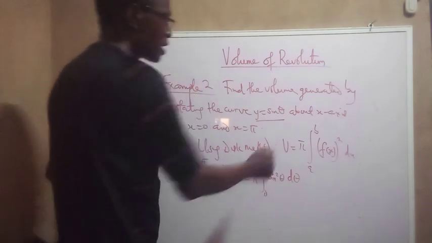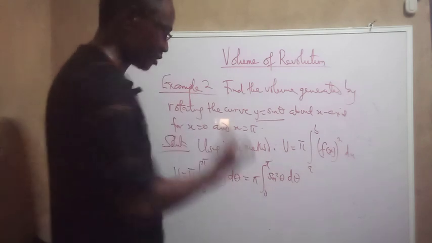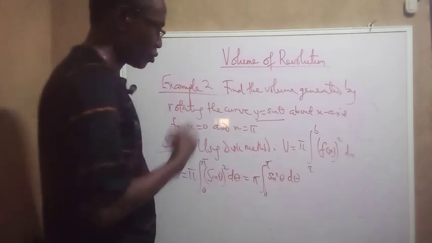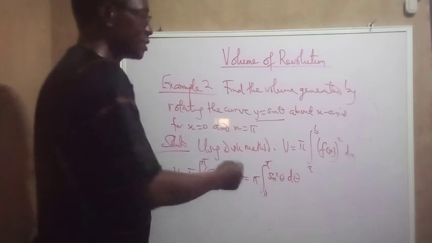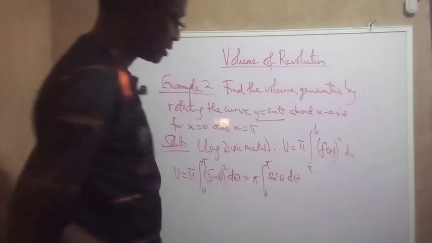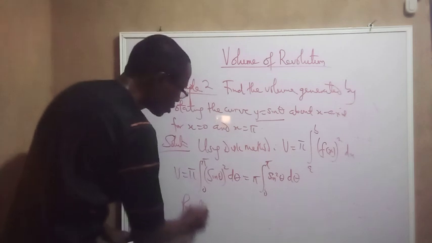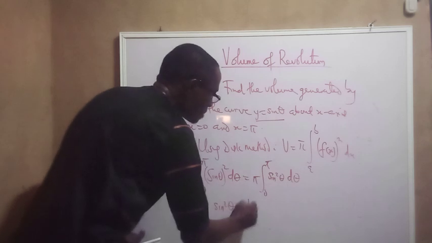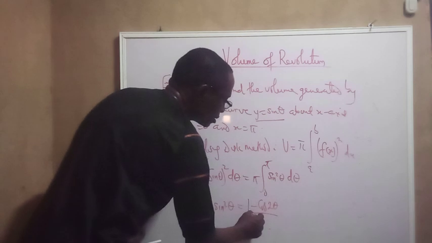Invariably, we can change sine square theta into a standard version in such a way that it will be easier for us to integrate, because as it is now, it will give us a lot of problems. So, what is the trigonometric equivalent of sine square theta? Let's recall, sine square theta is the same thing as 1 minus cos 2 theta all over 2.